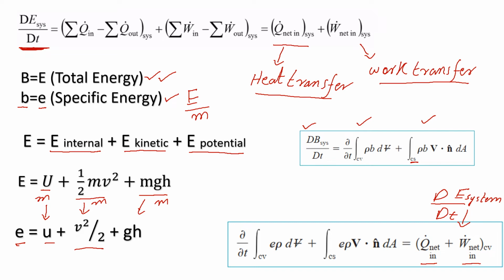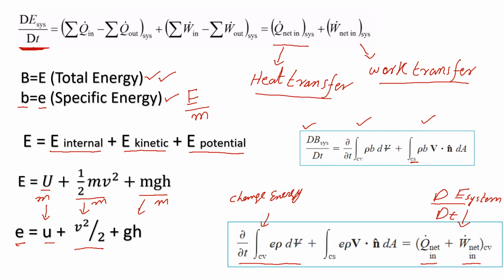Now let's look at these terms, that is the partial change inside the control volume with respect to time. That is the change in energy inside the control volume. But mainly we will be focusing on steady state flow problems.